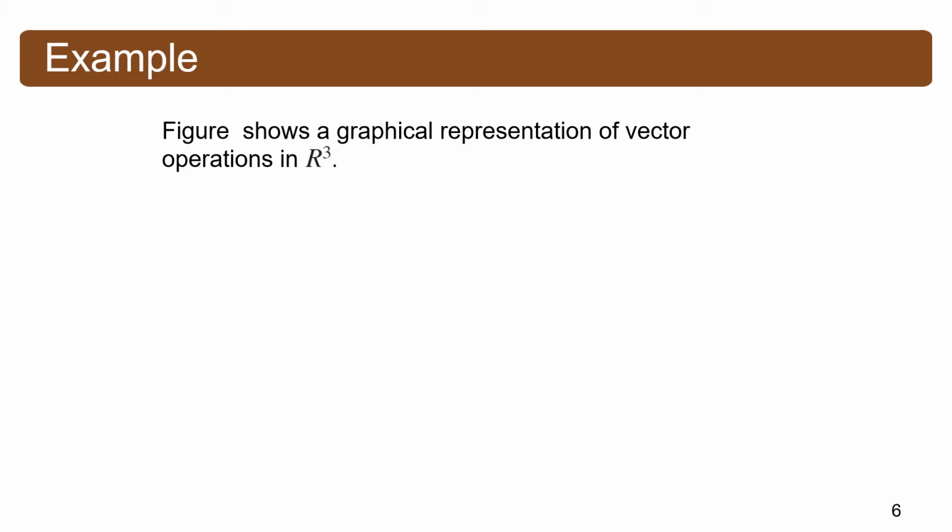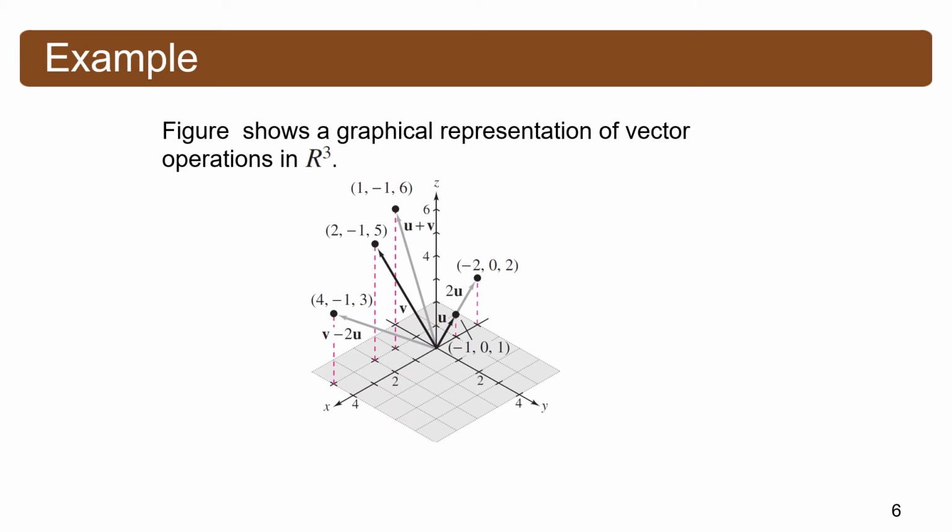Let us take a graphical representation of vector operations in R3. This figure gives us what our u is and what our 2u is. U is negative 1, 0, 1. Negative 1i plus 0j plus 1k is my u bar. 2u bar will be multiplying by that constant.